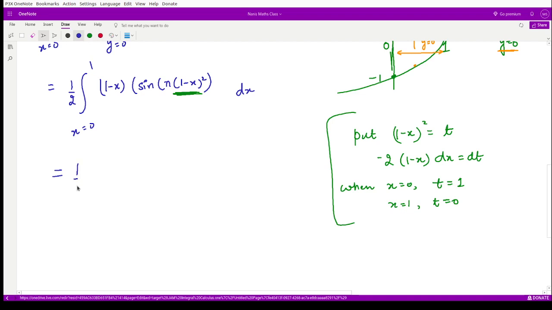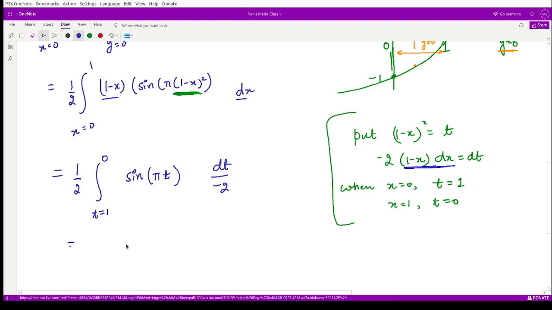So therefore our integration here, the limits reduce to t varying from 1 to 0, and this quantity 1 minus x dx now could be written as dt by minus 2, right? And in place of this sine pi 1 minus x whole square, I can write sine pi t, right?